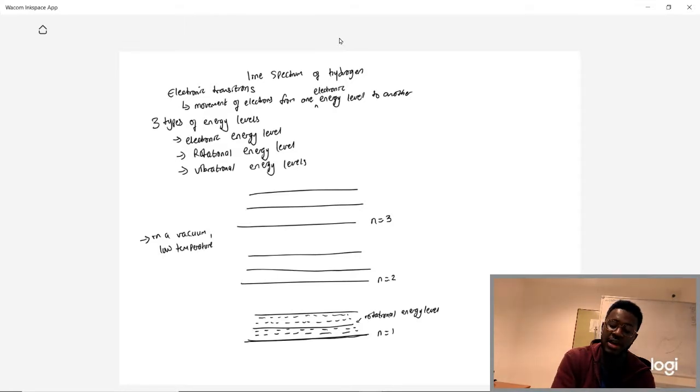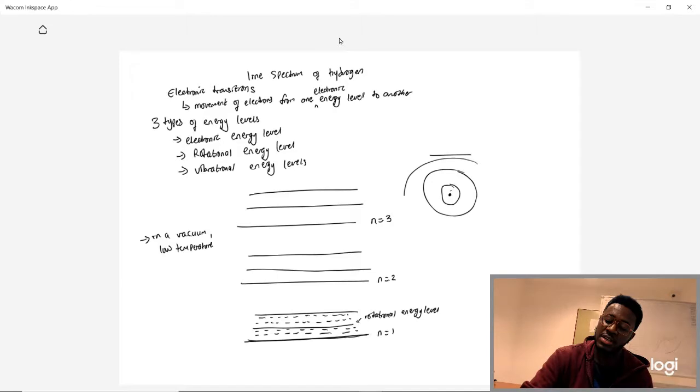Because when we talk about it later, when it's not in a vacuum or when the temperature is high, you're going to see some other effects that cause widening of the line spectra, so not the fine line spectra. Line spectra is just given by the movement of the electrons from one energy level to another, right?